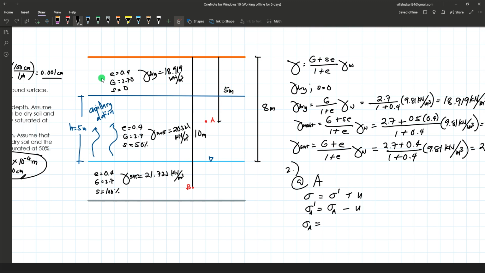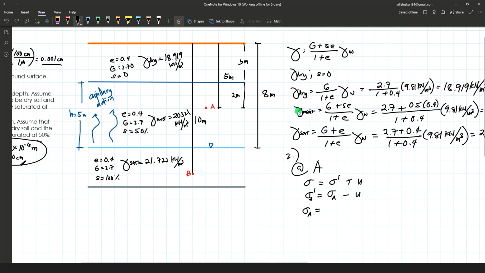So if this is 8 and the capillary action is 5, the remaining height here is 3 meters. If we have a total depth of 5 meters from the surface to point A, the remaining depth here is 2 meters. So we consider 2 meters of partially saturated and 3 meters of dry soil.